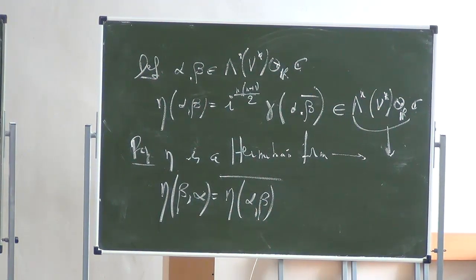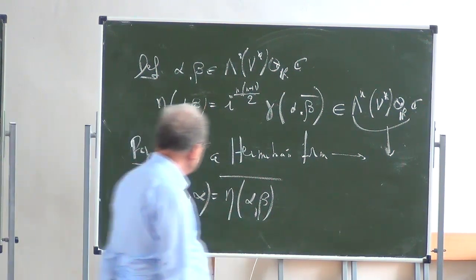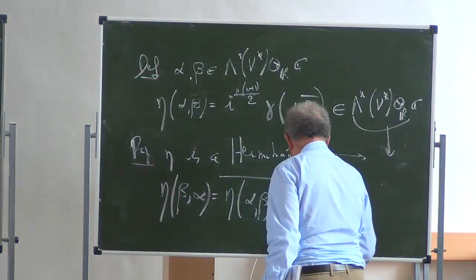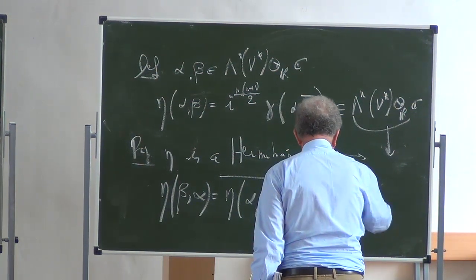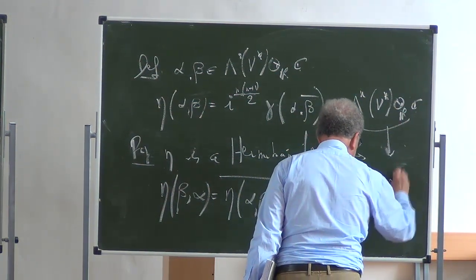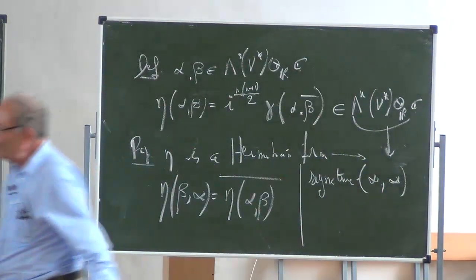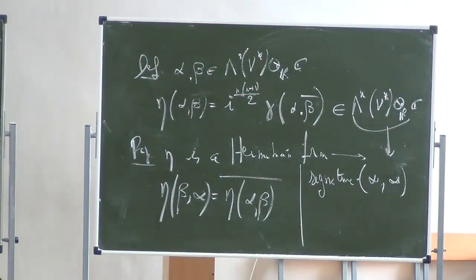So, in other words, it's not a scalar product. I mean, it's not a Hermitian product. It's something else. And actually, this Hermitian form has infinite signature. So that's radically different from the usual L2 Hermitian products.